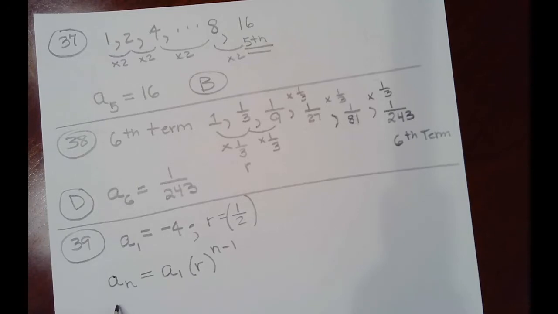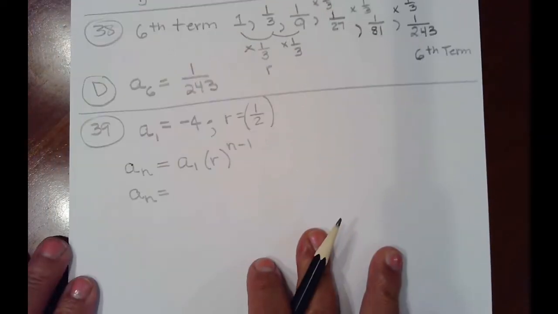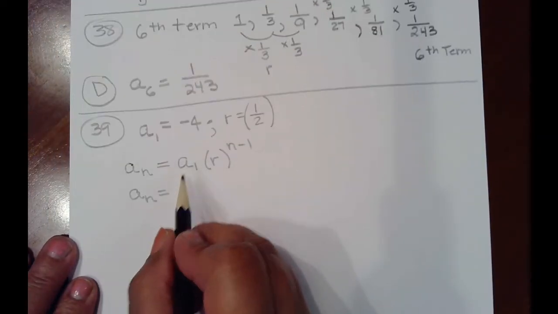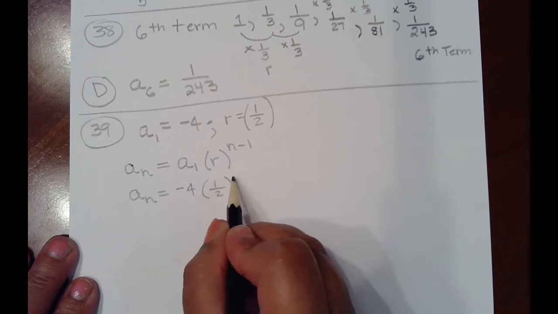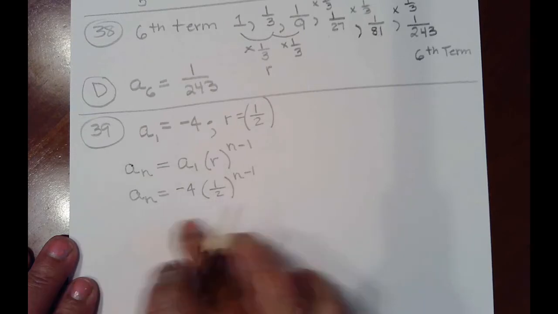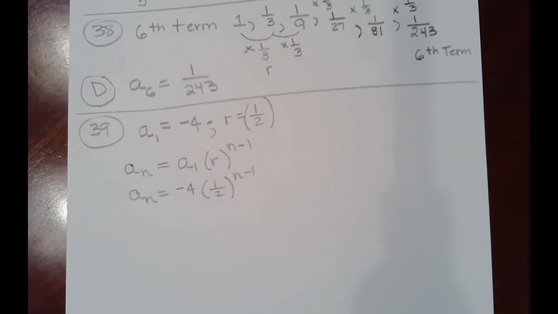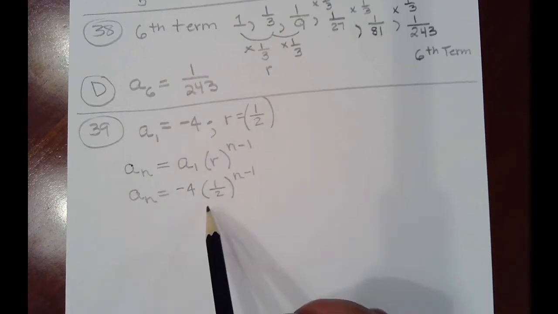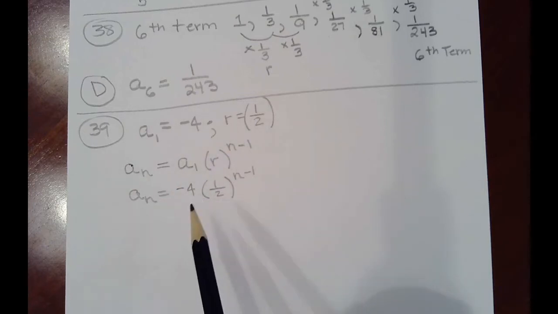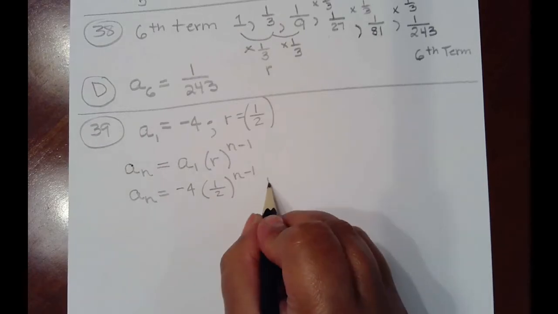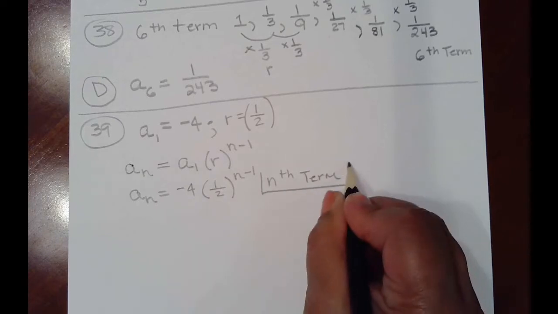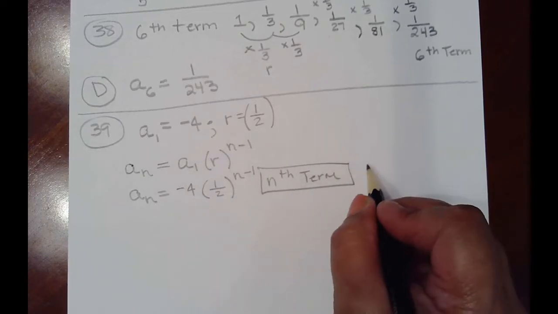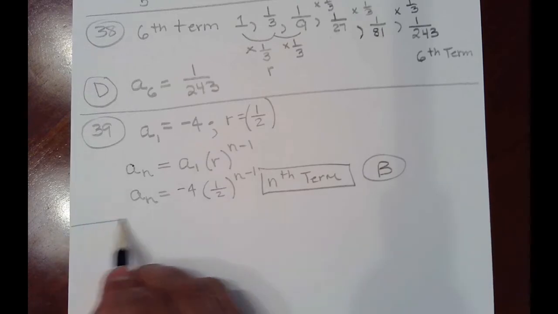Any term at all in the sequence is just the first term times r raised to a power of n minus 1. So you could generate any term at all using this starter term and this common ratio. It's just that they don't ask you for anything beyond the nth term. So this is your nth term formula, and that is choice B on the practice test.